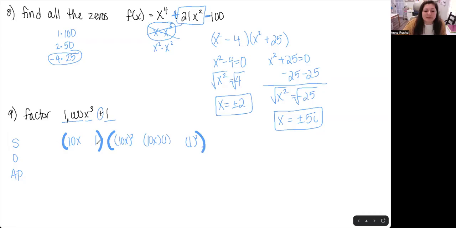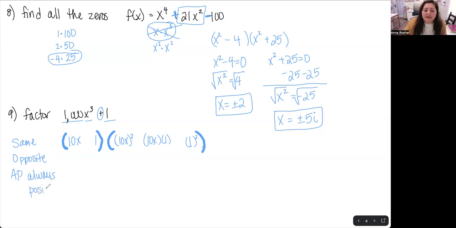In order for me to remember what my signs are, because that's always been the bane of my existence since I learned positives and negatives in 7th grade, somebody said there's a mnemonic called SOAP. So same, and then opposite, and then always. So AP stands for always positive.